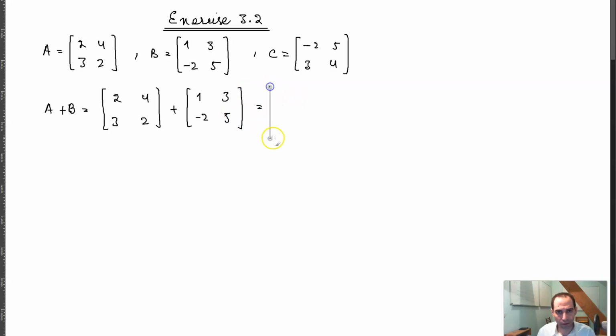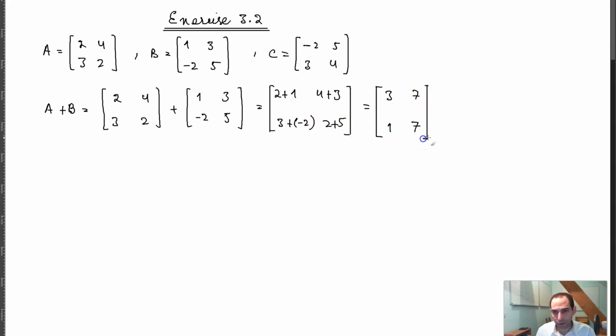And then you can add them together, the corresponding elements: 2 plus 1, 4 plus 3, 3 plus negative 2, and 2 plus 5. That gives 3, 7, 3 minus 2 is equal to 1, and that's 7. So that is basically A plus B.